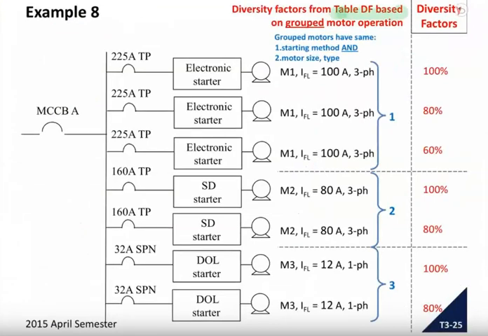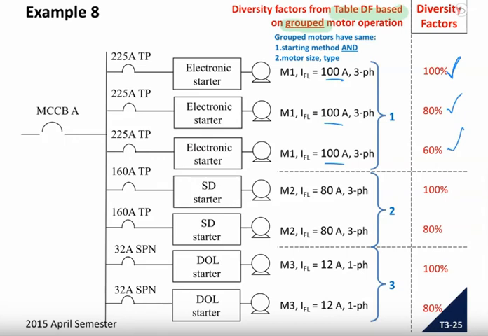Okay, so table DF, okay, and then we apply it to the motors of the same group. So we have 100% of the largest. So in this case, all the motors have the same rating. They're all 100 amps. Okay, so there isn't really a distinction. So we take 100% of the first one, followed by 80% of the second one, and then 60% of the third one.